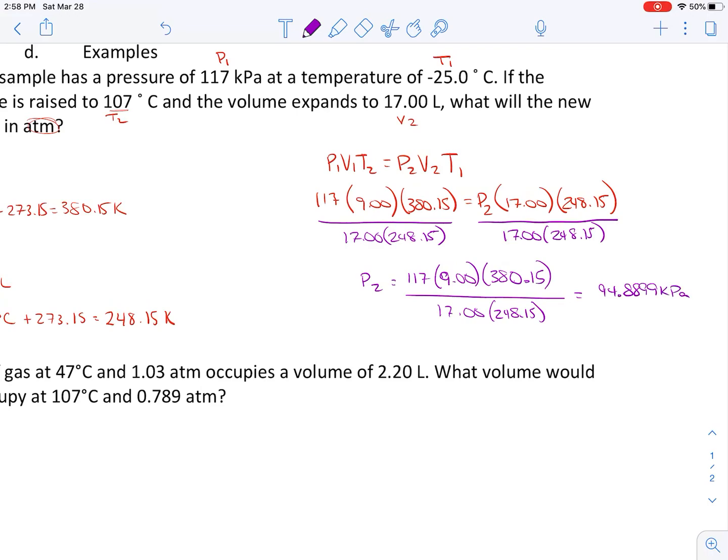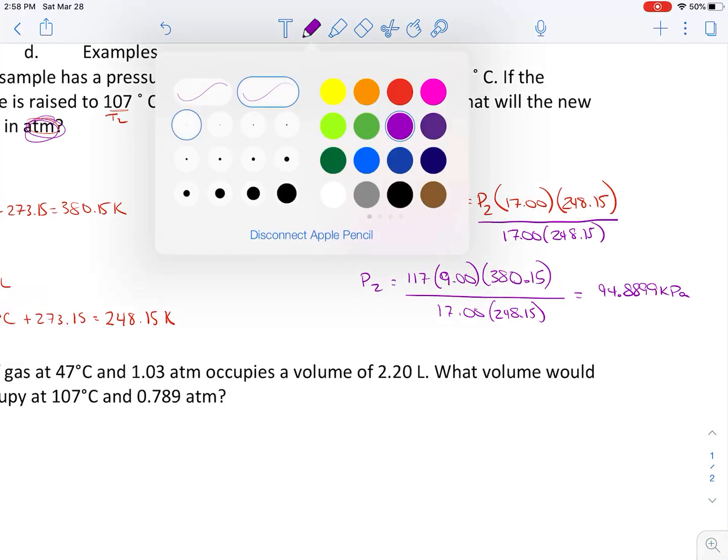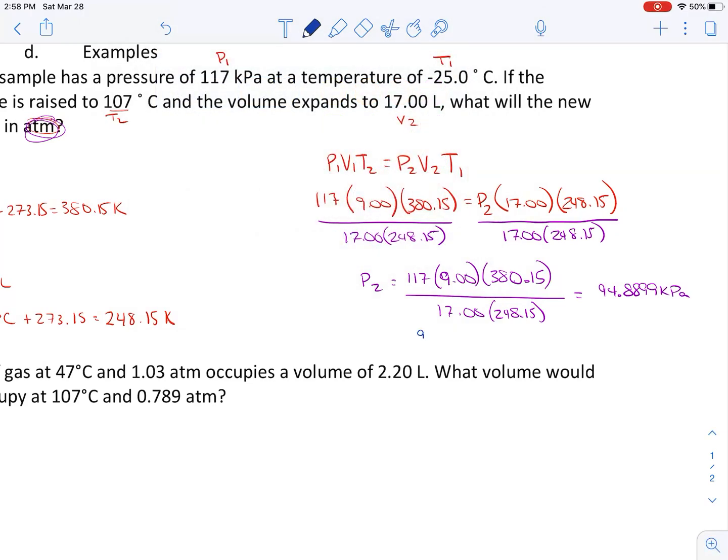And that's kPa. But we need to take that kPa to atmospheres. Our answer is supposed to be in atmospheres. So this just goes back to day one. All right? So we're going to take 94.8899, and that's kPa.